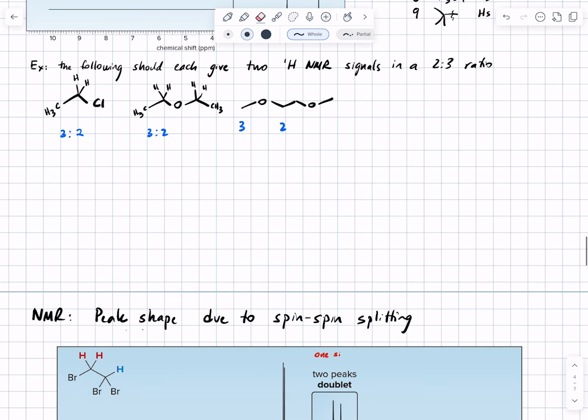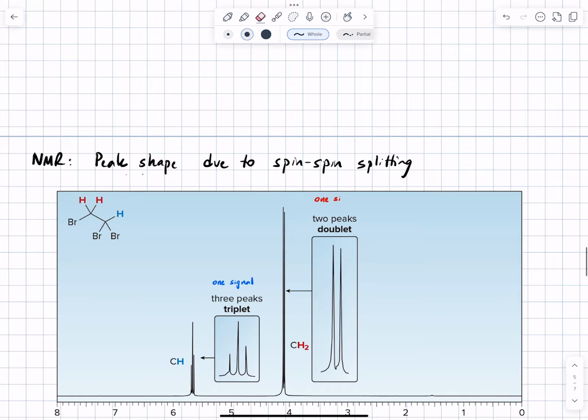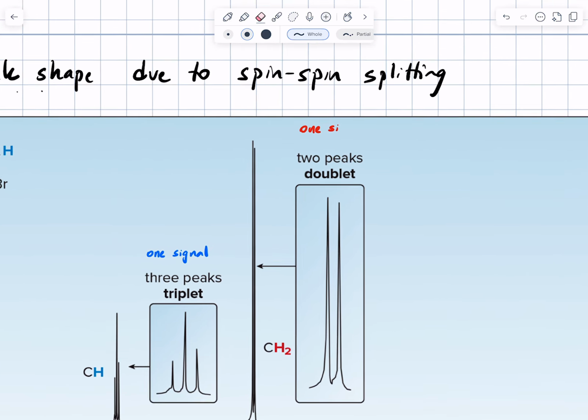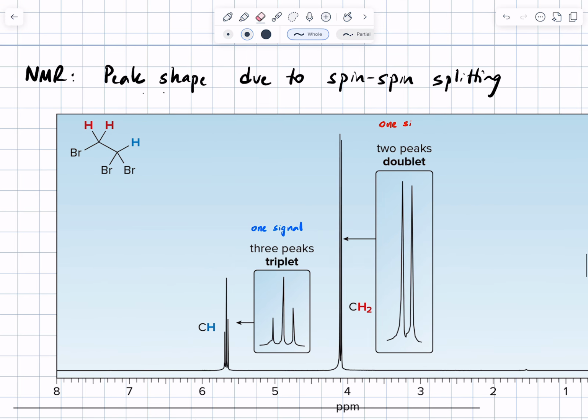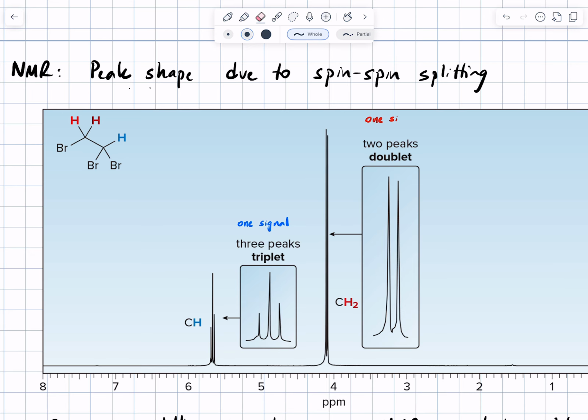Okay, so what we need to talk about now is perhaps the most complicated thing of the NMR spectrum, but it's the most informative one. And this is peak shape or spin-spin splitting. So behold the NMR spectrum of 1,1,2-tribromoethane, where you have 2 bromos on one carbon and 1 bromo on the other carbon.